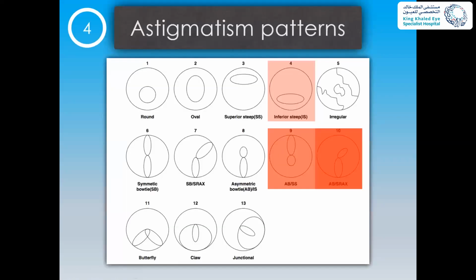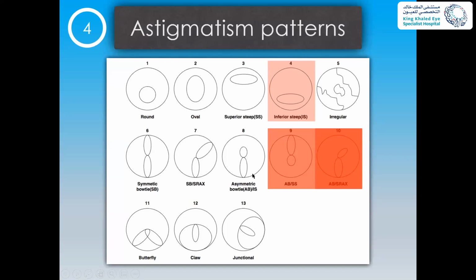And these are the different patterns which can be normal or abnormal: a round astigmatism, oval, symmetrical bow tie, asymmetrical bow tie. So there is more inferior steepening, more superior steepening, irregular astigmatism, skewed, and butterfly, crab claw, junctional, kissing. So these are suspicious. This is not suspicious.